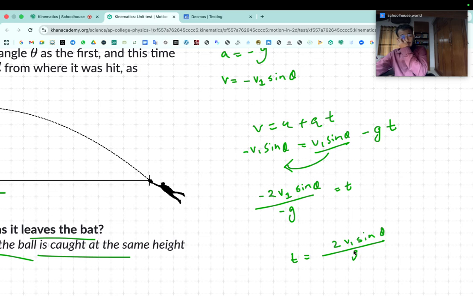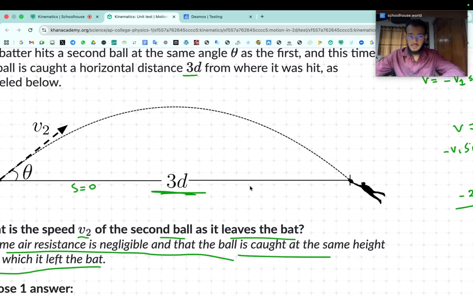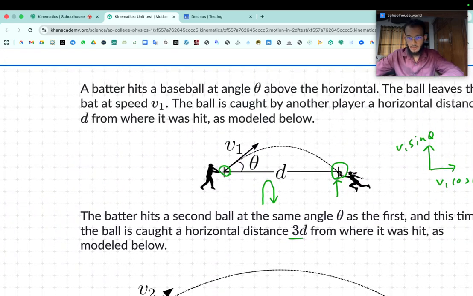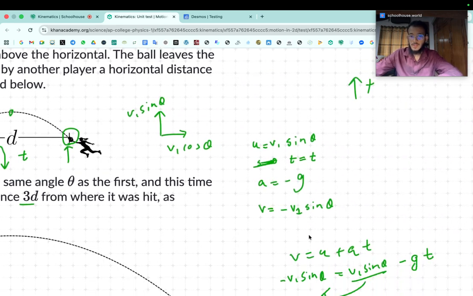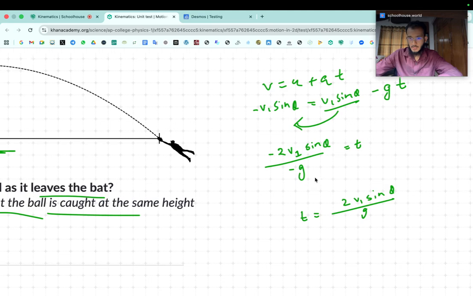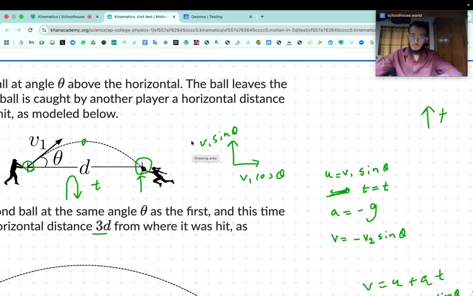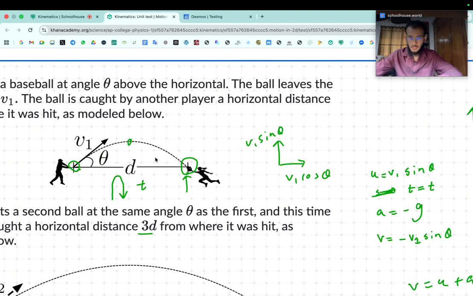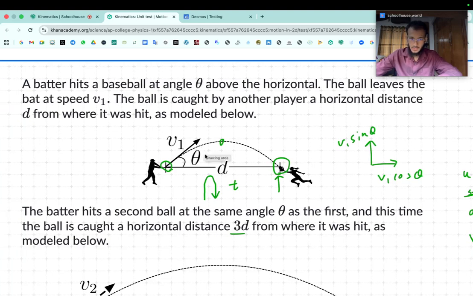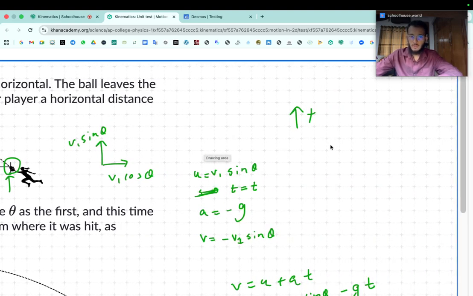Now, because we know that the horizontal and vertical motions take the same time for the ball to come here, the same time is taken by both the horizontal and vertical. So we have considered the vertical velocity here. Now we can use this time in the horizontal equation, and air resistance is negligible. So we have a constant horizontal velocity of v1 cos theta.